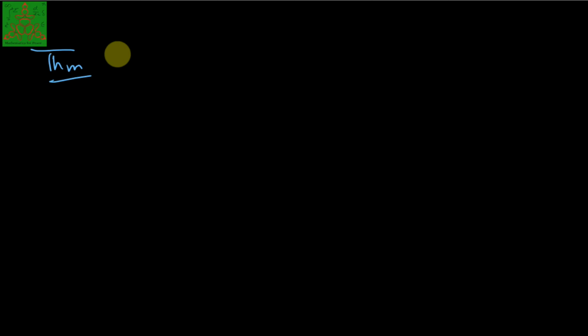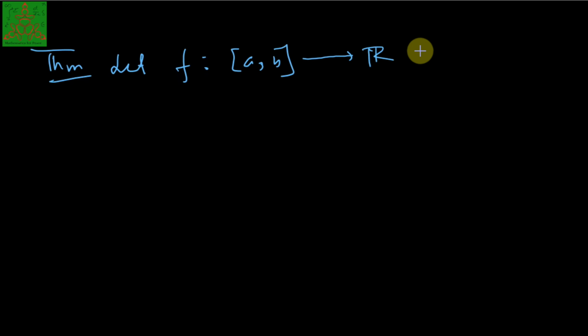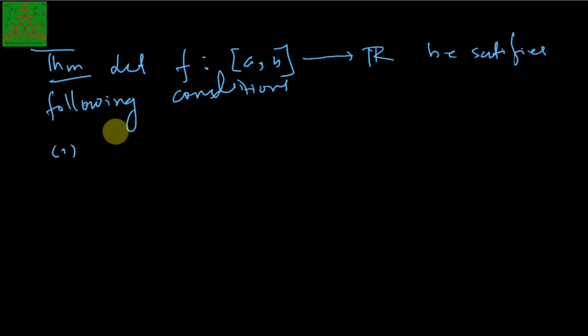Let f from [a, b] to R, that means I am considering a function whose domain is a closed interval, to R, be a function satisfying the following conditions. The first one, f is continuous on the closed interval [a, b].